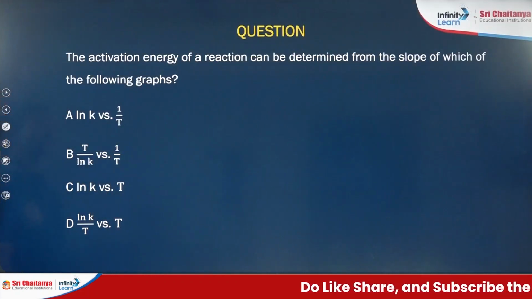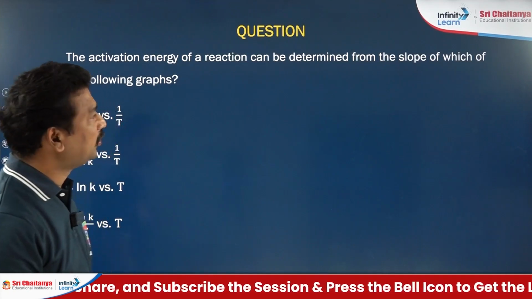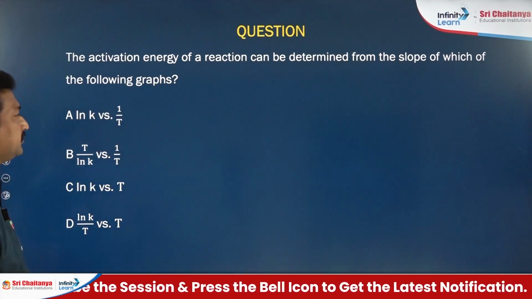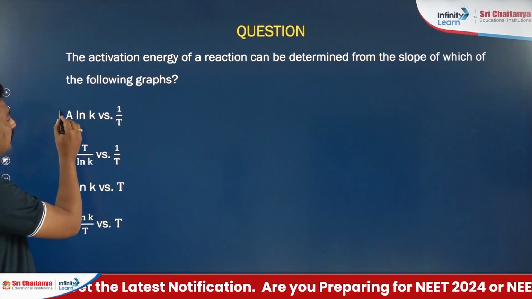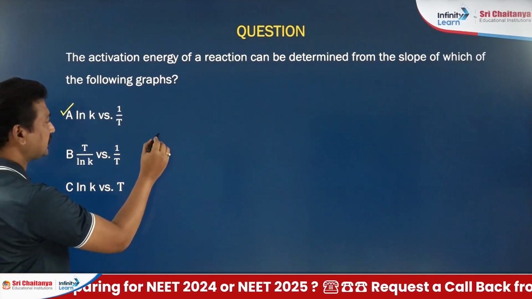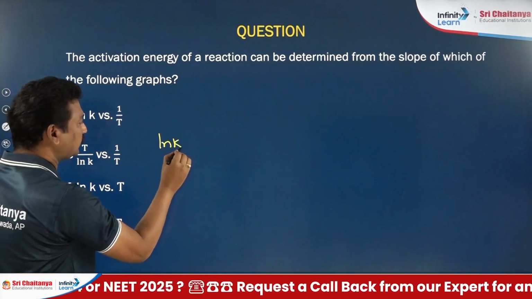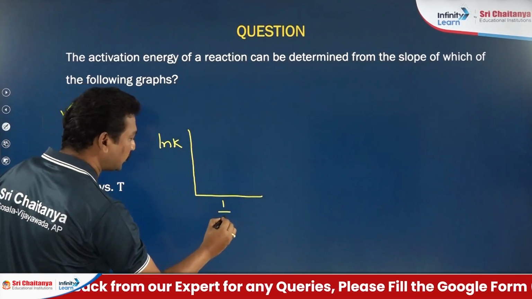Please go through this. The activation energy of the reaction can be determined from the slope of which of the following graphs? Just now we discussed, that is nothing but ln K versus 1 by T. Ln K is one of the variables, the y variable. 1 by T is the x variable.